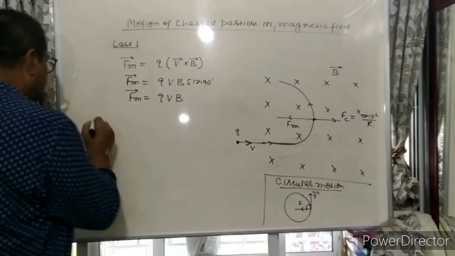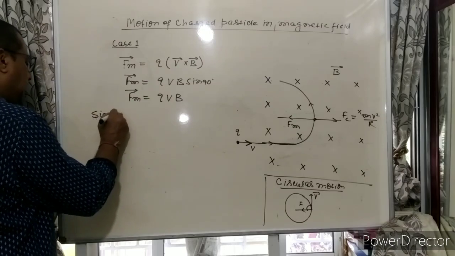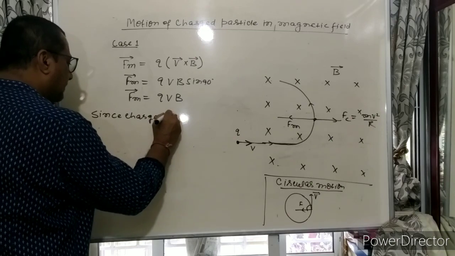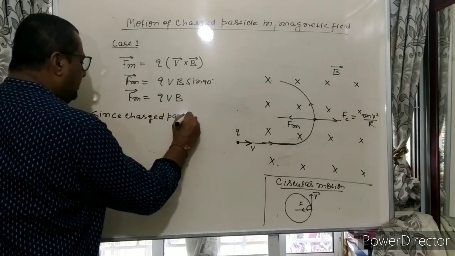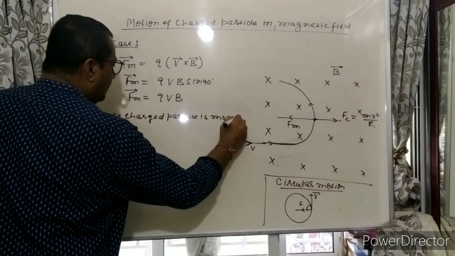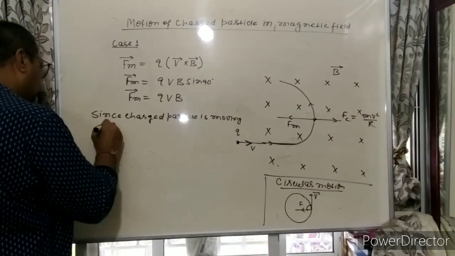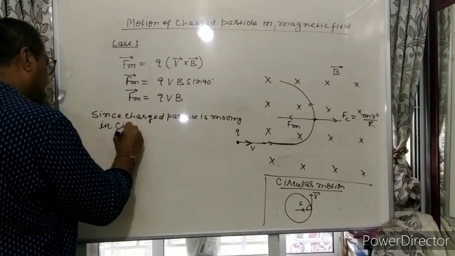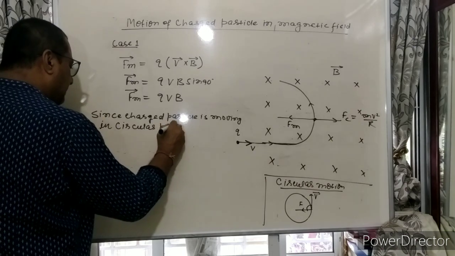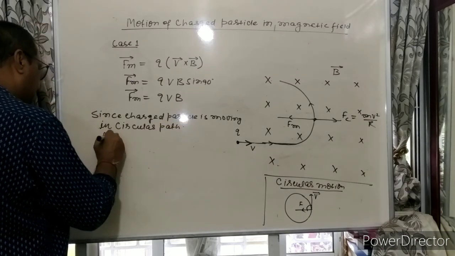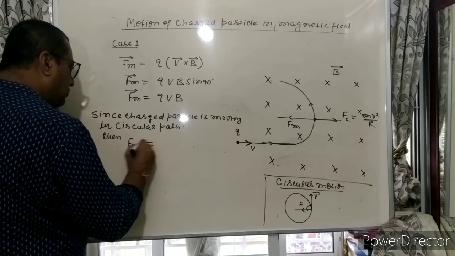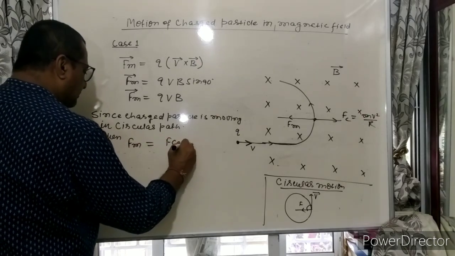So since the charged particle is moving in a circular path, the magnetic Lorentz force is equal to the centripetal force.